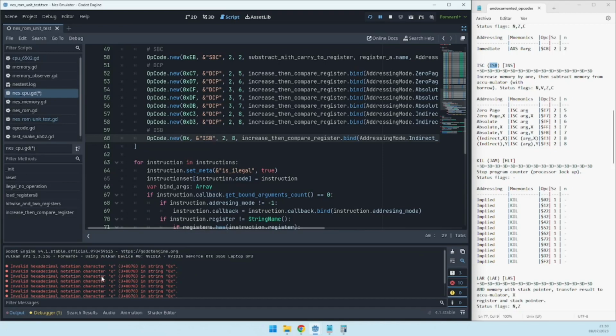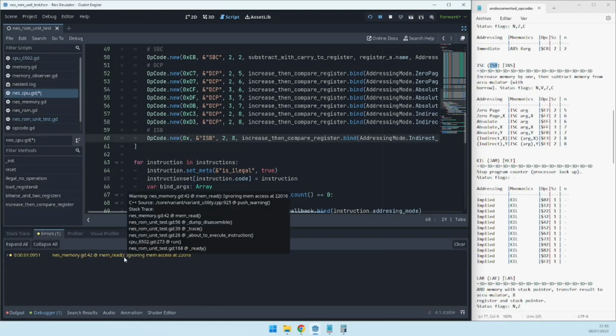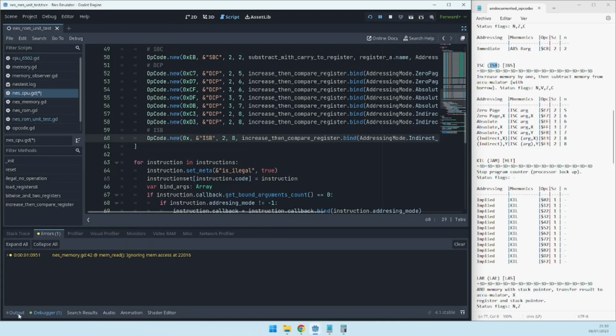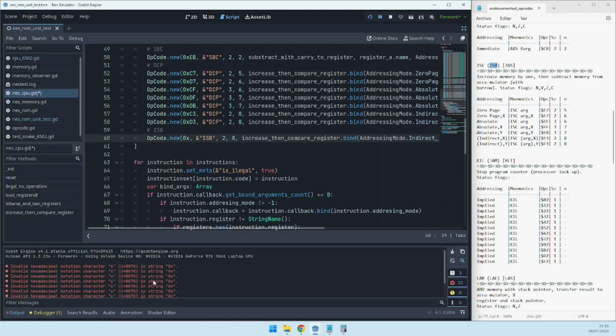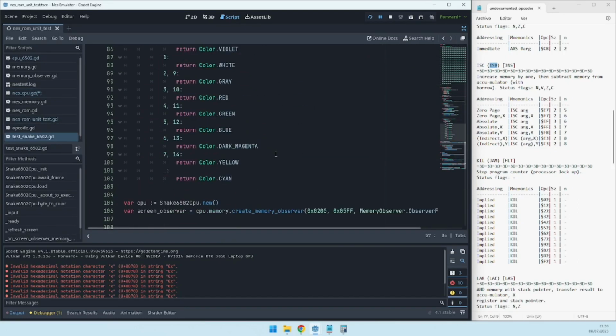Invalid hex notation character X. What is this error? We don't have it in here. In string 0X. So we have a couple of mistakes around.